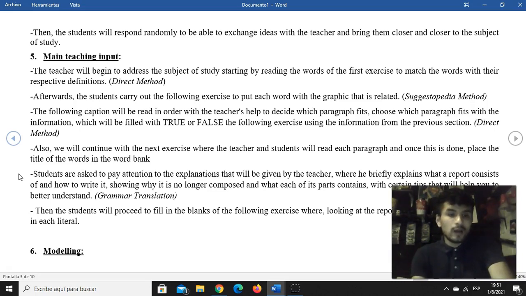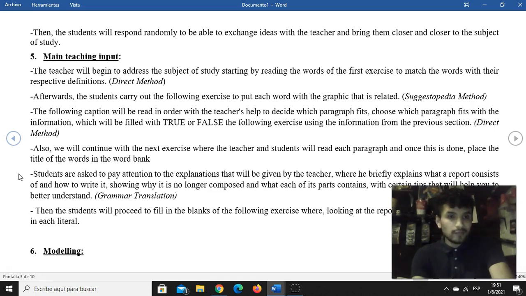Afterwards, the students carry out the following exercise to match each word with a related graphic. The suggestive method is used here because they have to analyze the graphics. The suggestive method has to do with the analysis of images or graphics.